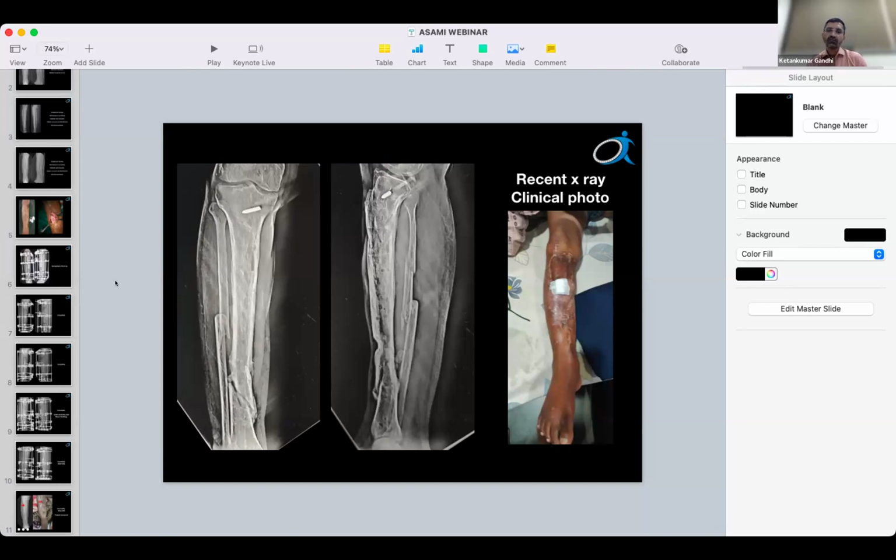And I tend to give custom braces. I don't think off-the-shelf braces will work in many of these patients, because they don't have a good hold. Rather than that, I say give a cast. If you don't have access to orthotics, give them a cast and change the cast at 4 weeks, 6 weeks, whatever it is.